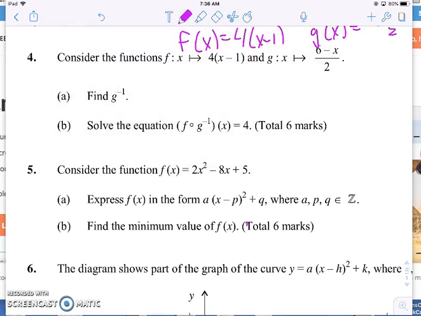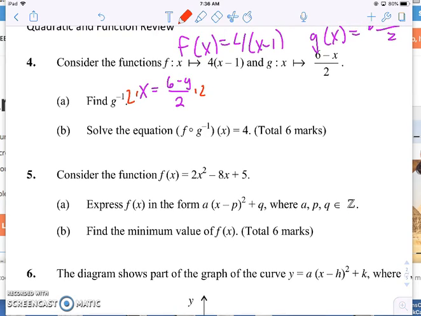So we have x equals 6 minus y divided by 2. Now we have to solve for y. So times 2 on both sides.